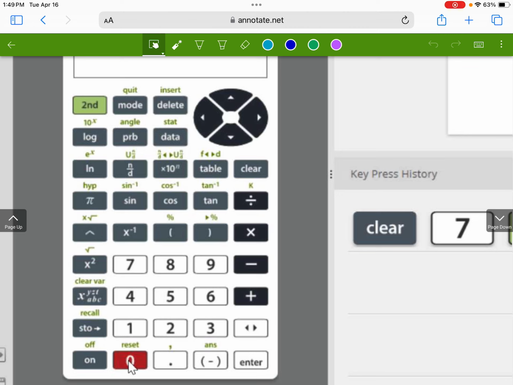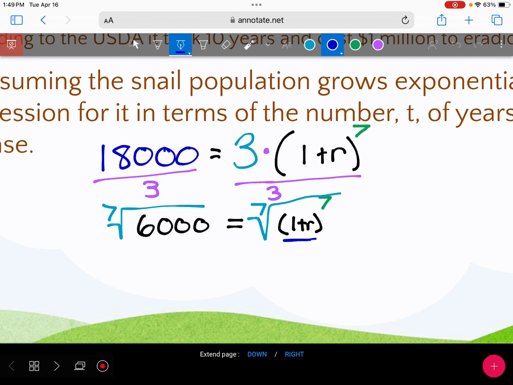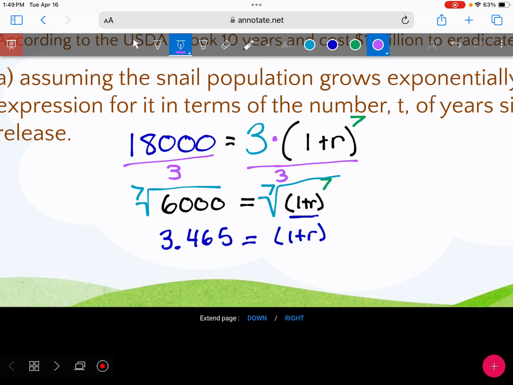So we're going to do our 7th root of 6,000. And that tells us we have 3.465. I'll just take 3 decimal places. So 3.465 is this 1 plus r piece. That's our base. We talked about this the other day, this is our growth factor, because this chunk is the factor.